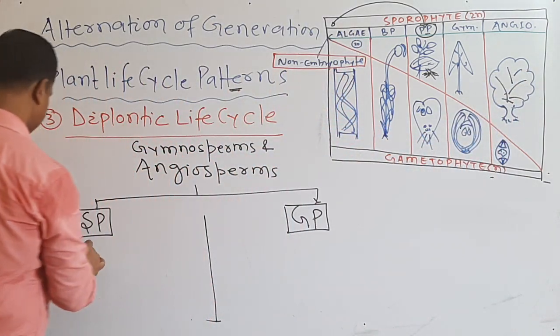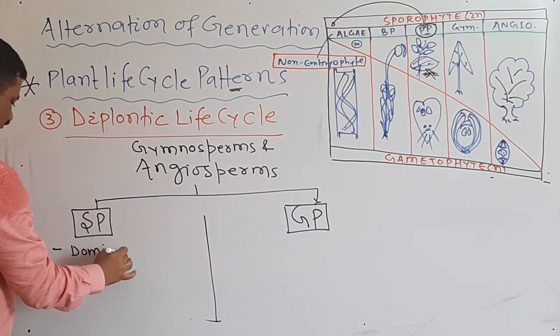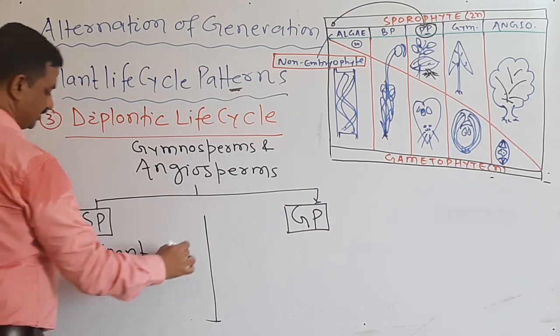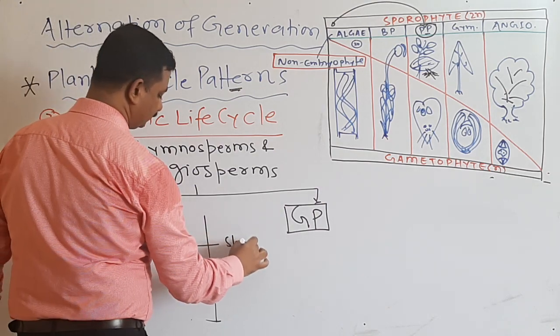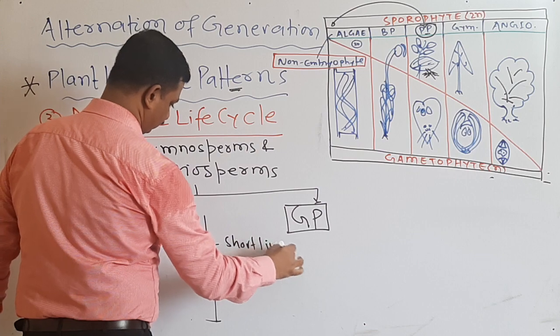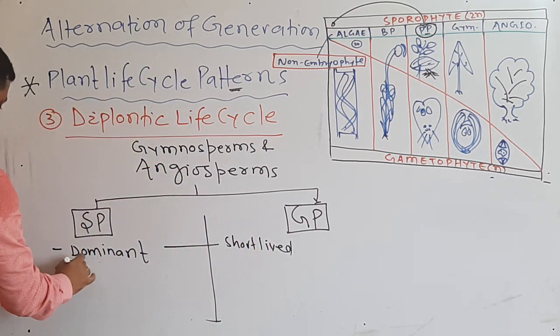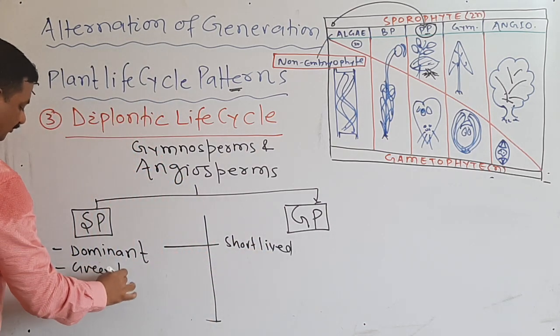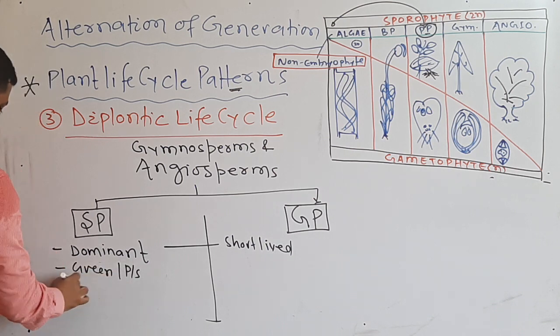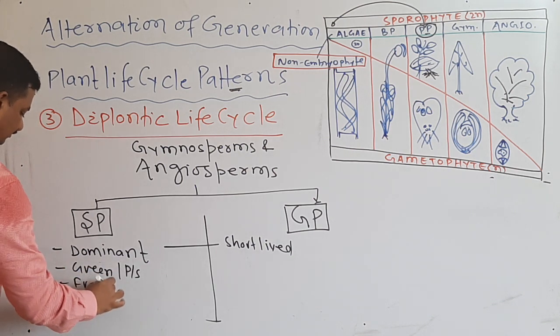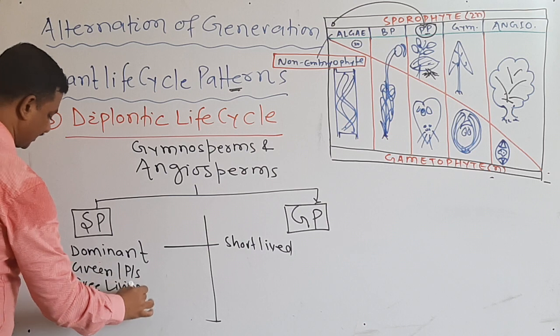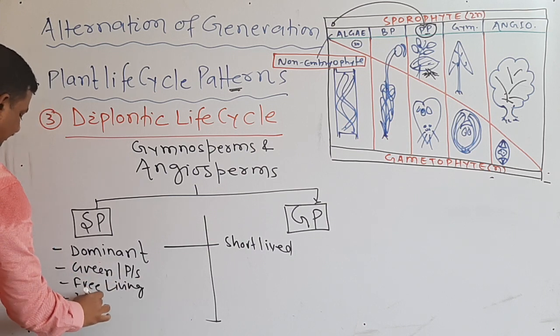This is dominant. This is your short-lived. This is green, so photosynthetic, free living. Since it is free living, it is independent.